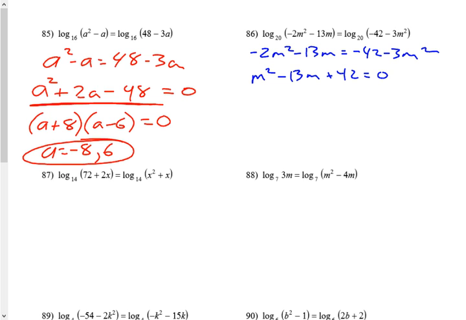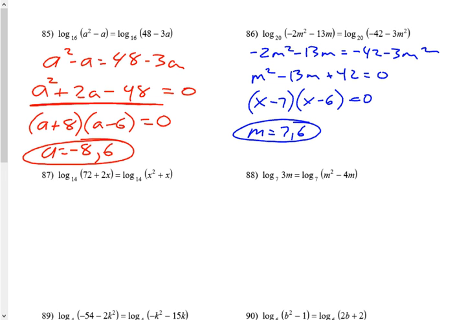And now again, I'm going to figure out factors of 42 that add up to 13. Both of these had a lead coefficient of 1, so it's much easier to factor. And I used x's instead of m's there, that's okay. And there's my solutions.